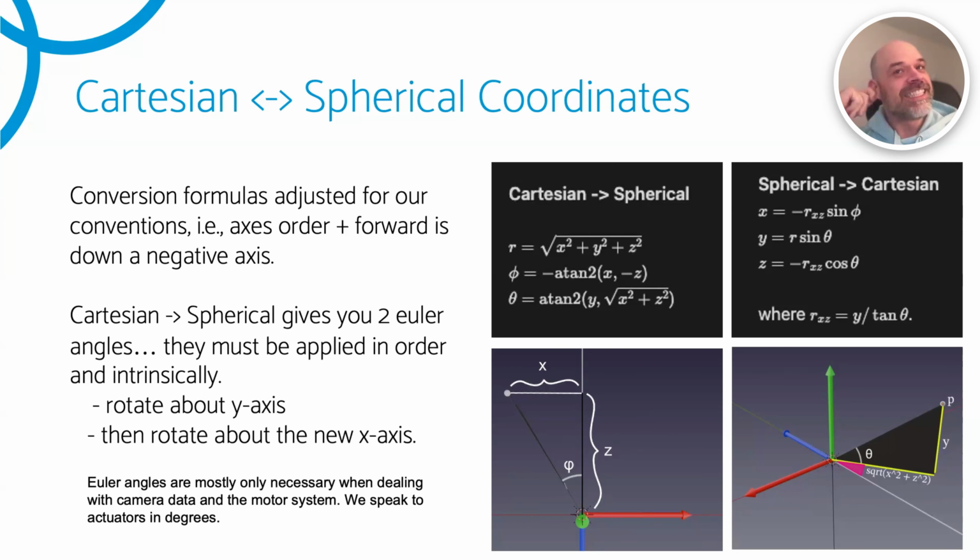So what's this atan2 business? Probably most of us have had contact with it at some point, but the brief answer is this. If you've got a full circle and you're trying to find this angle phi, tangent of phi is x over z, so phi is the arctangent of x over z.